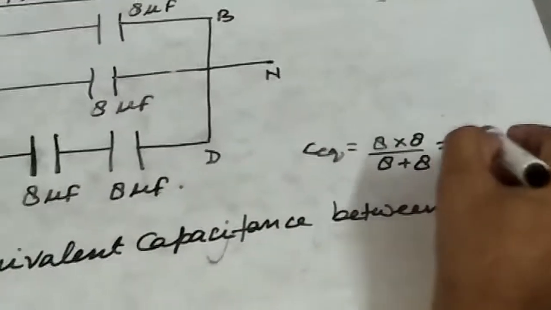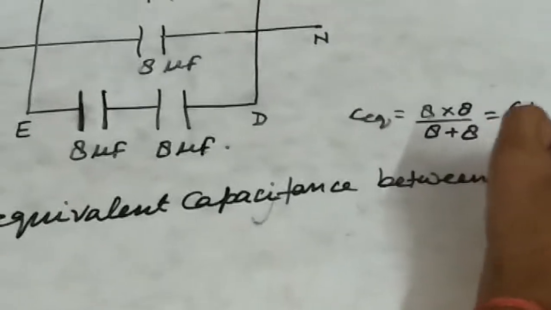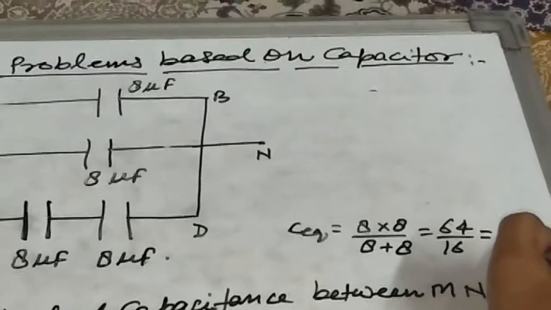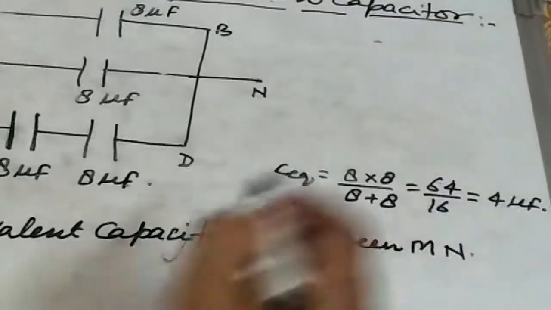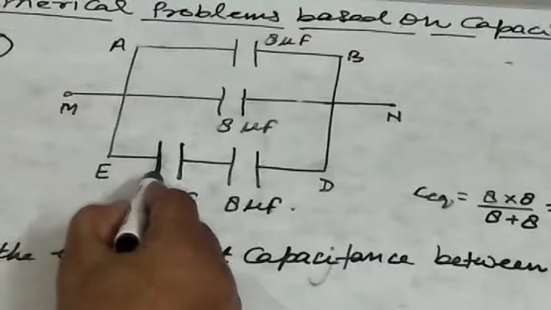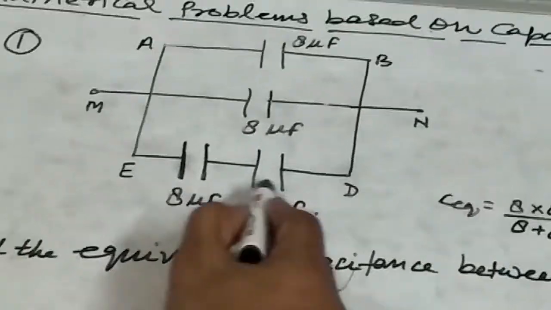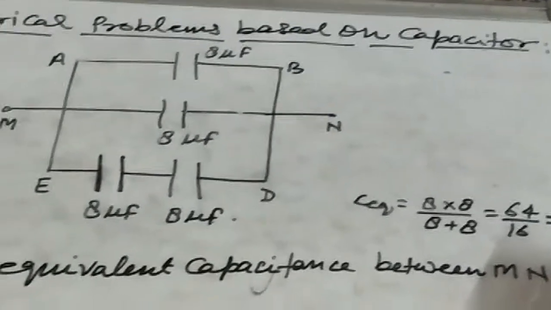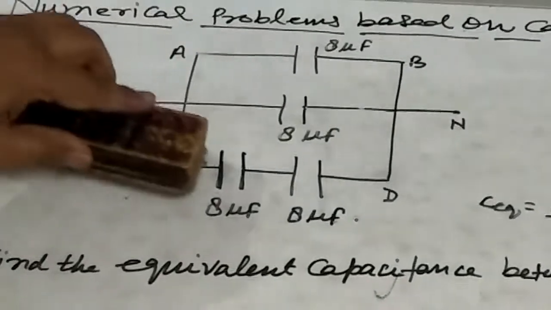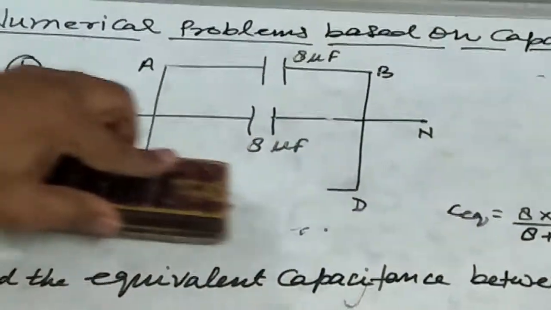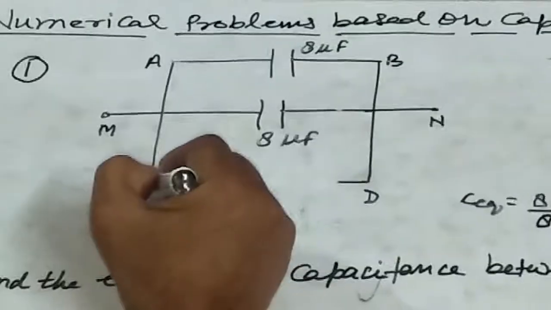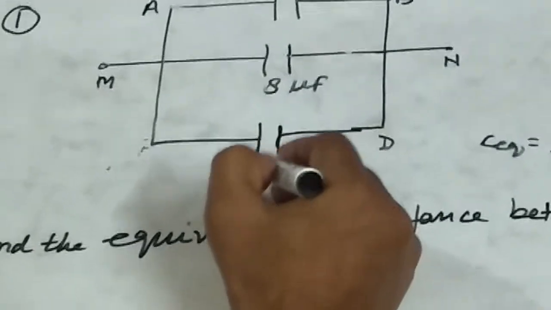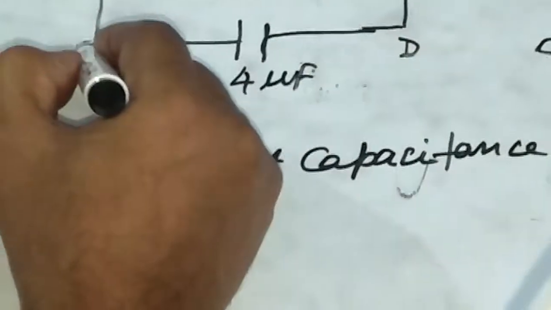So simply this one is 64 upon 16, which is equal to 4 microfarad. It means at the place of these two capacitors, 8 microfarad and 8 microfarad, we can put a single capacitor of 4 microfarad.